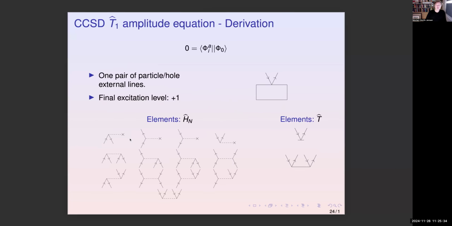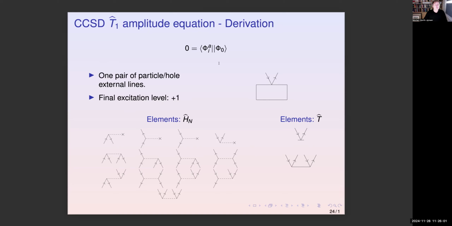So the next thing which we need to look at is how we actually do the calculation of the T1 amplitudes. So when we look at the T1 amplitudes, what we want to end up with is a final state which has a specific excitation level. So we start with a ground state, and in here we can have h times t and many other contributions.